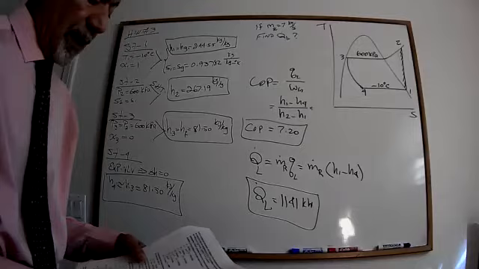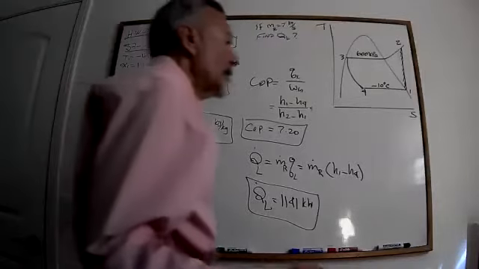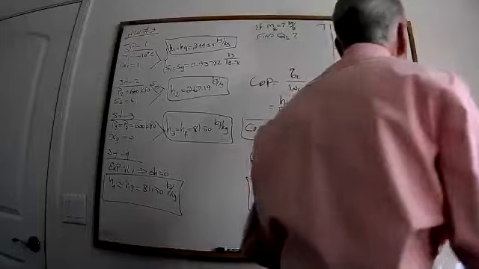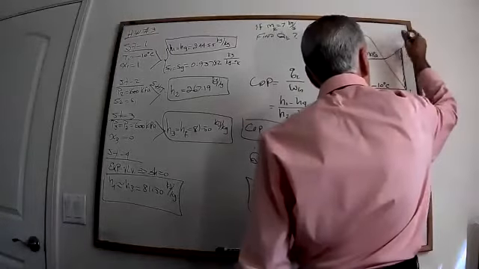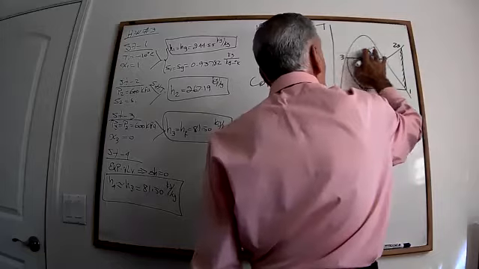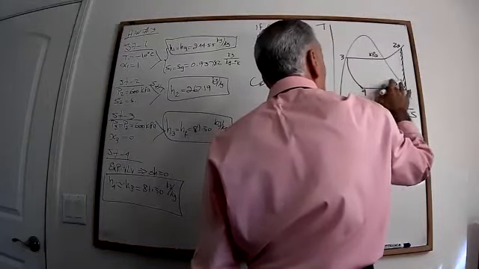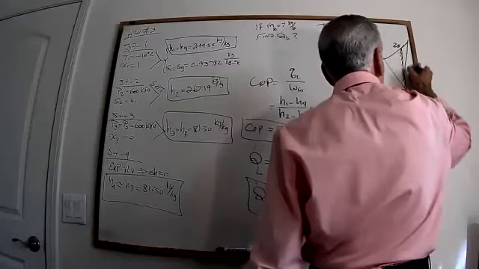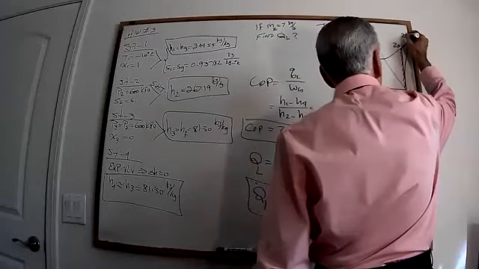Okay. Now the next question, there are efficiencies involved. So this becomes 2S and this is 2A.